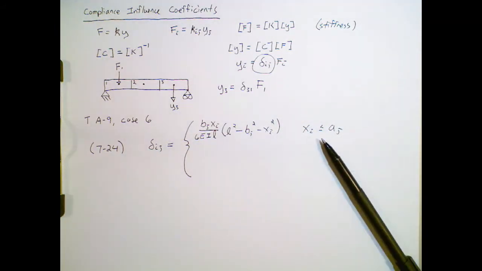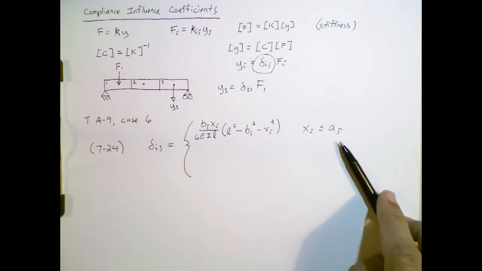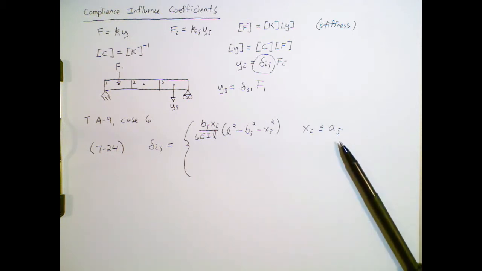Or in other words, if the displacement we're interested in is to the left of the applied load. So that's one case. And I should point out, at least in the 9th edition of the textbook, there is a small typo. This should be aj, not ai. In the 9th edition of the textbook, it says ai.